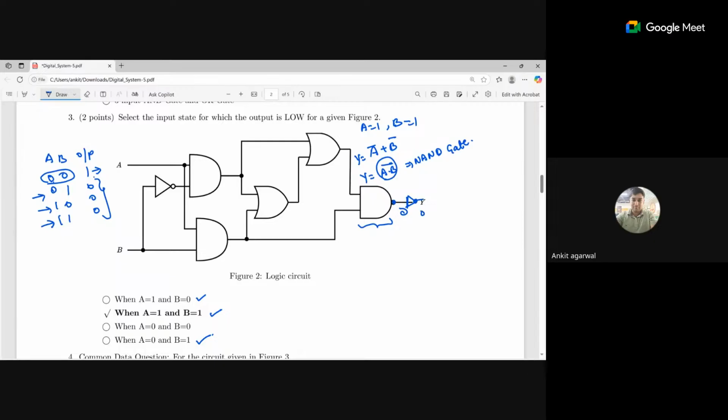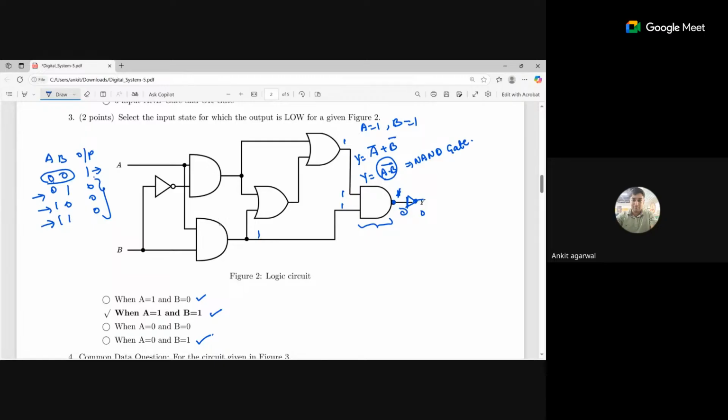So output is 0, that means it is not. It is 1, that means both are 1 1, so here we are getting 1.